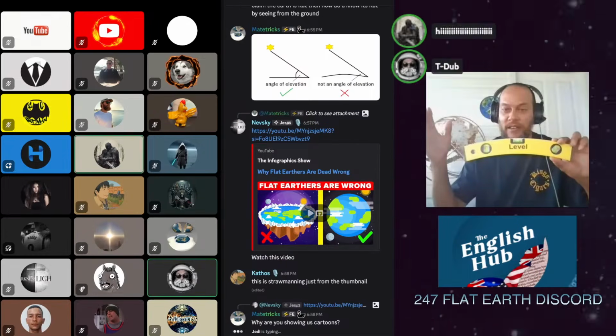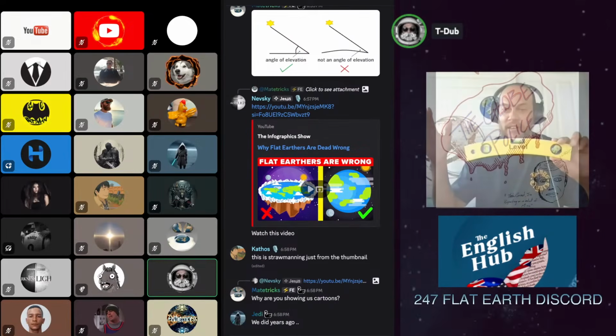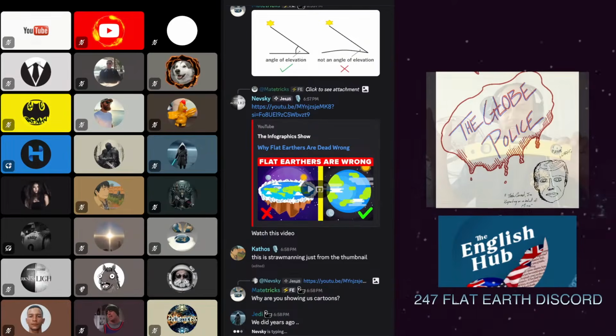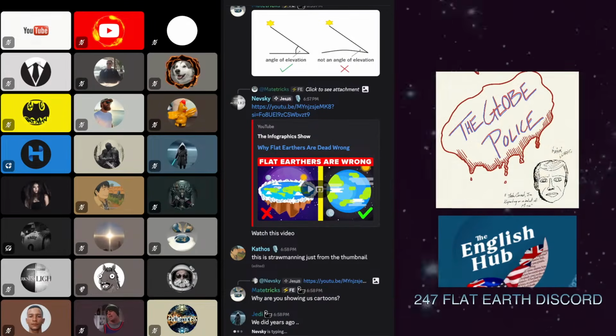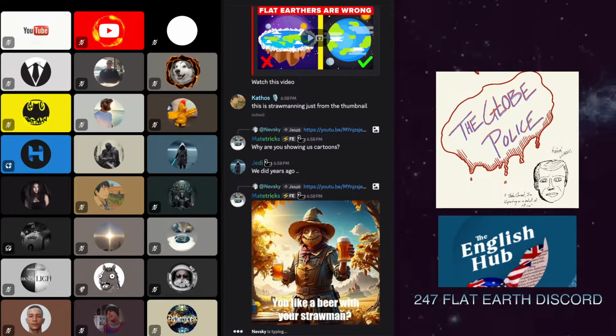This is actually what they use in surveying. It's trigonometry and planar geometry. It's not involving sphericity of a surface.